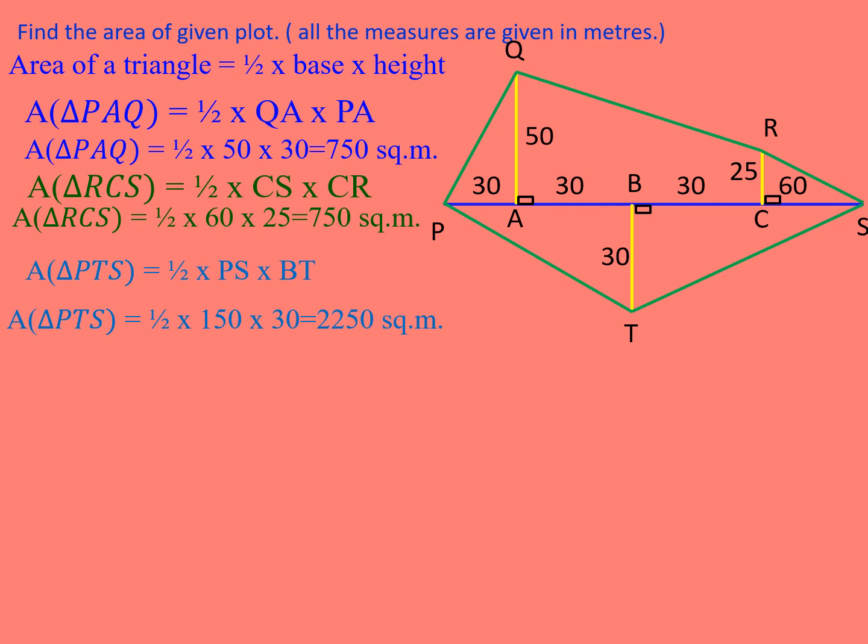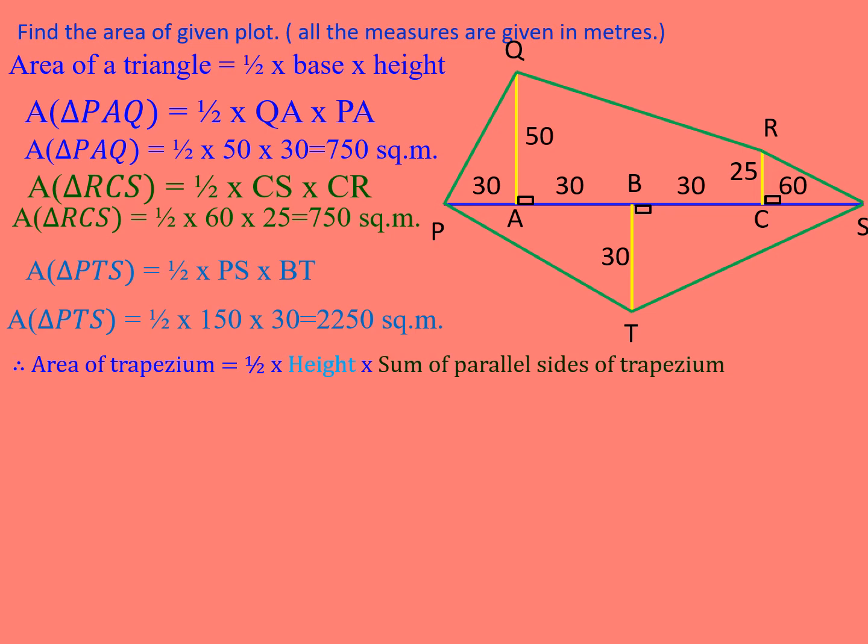So 30 plus 30 plus 30 becomes 90, plus 60, 150. So the base became 150. So area of triangle PTS equals half into 150 into 30. That will give you 2250 square meter.